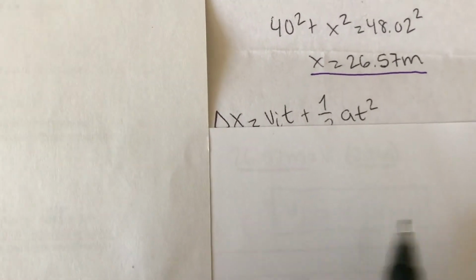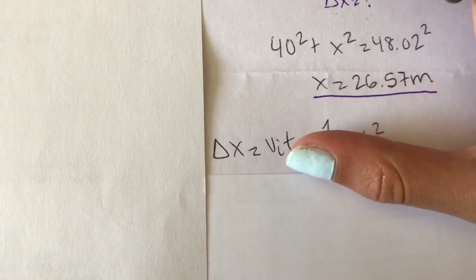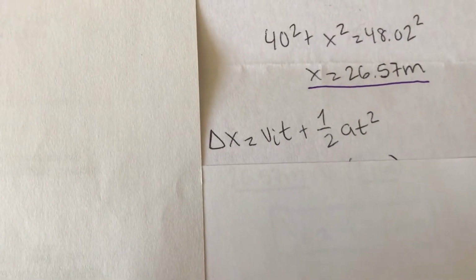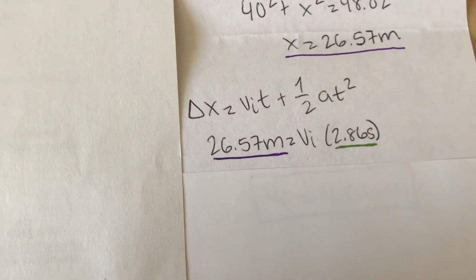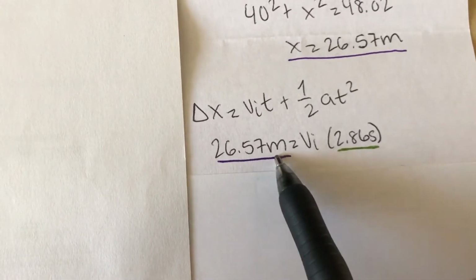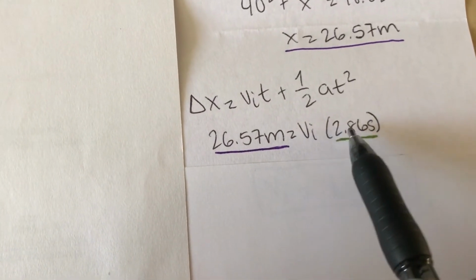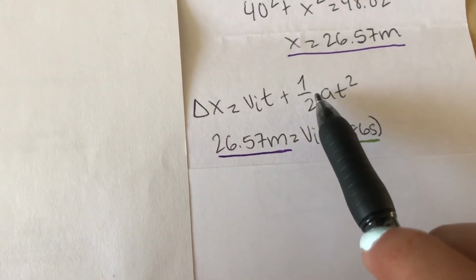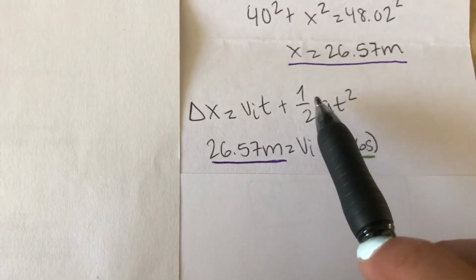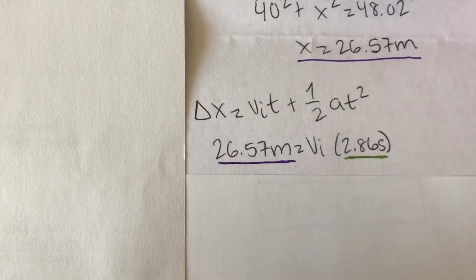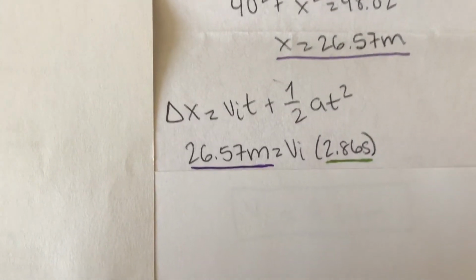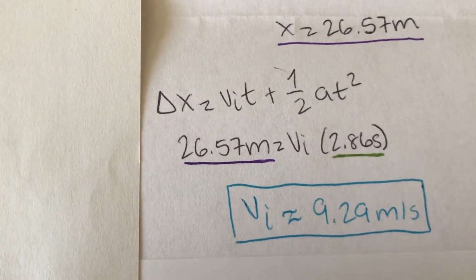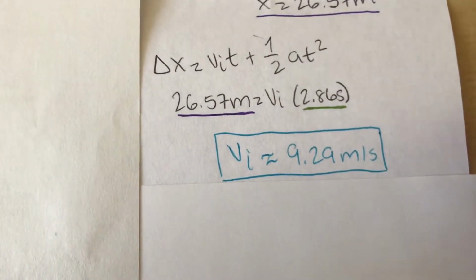So we have change in x is equal to VIT plus 1/2 AT squared. When we plug everything in, we get 26.57 meters is equal to VI times 2.86 seconds. We don't have to count the second term because the acceleration is 0, so this whole term cancels out because you multiply by 0. And you get velocity initial is equal to 9.29 meters per second.